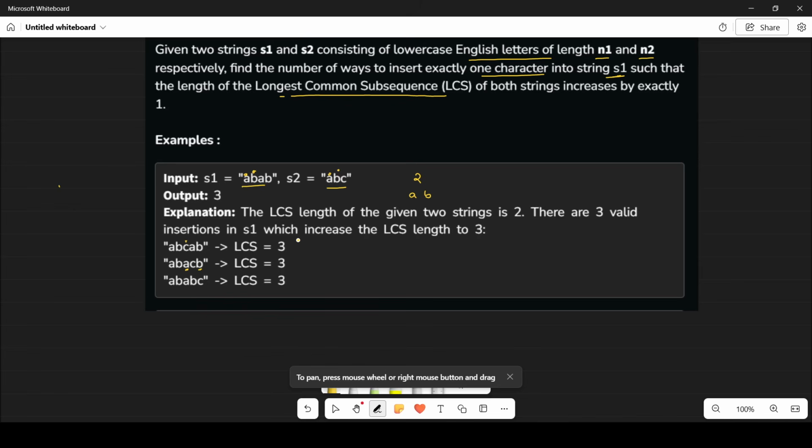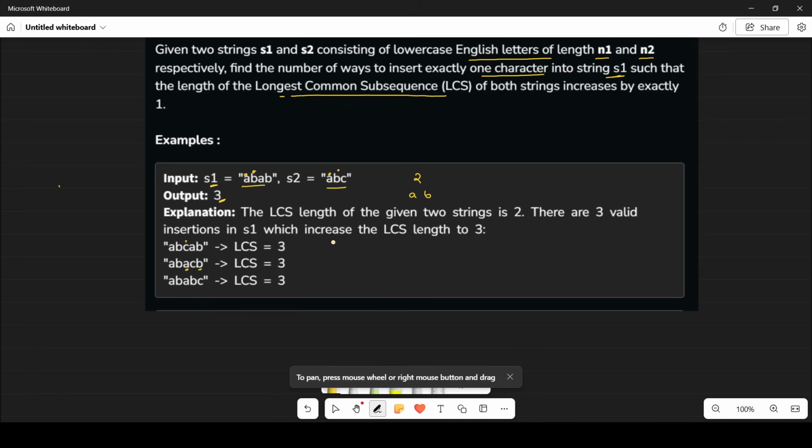So you have to return the number of ways in which you can insert a new character into the string S1 such that your LCS increases by 1. I hope you understand it, and in this case there are three ways to insert a new character into the S1 string such that your LCS increases by 1.